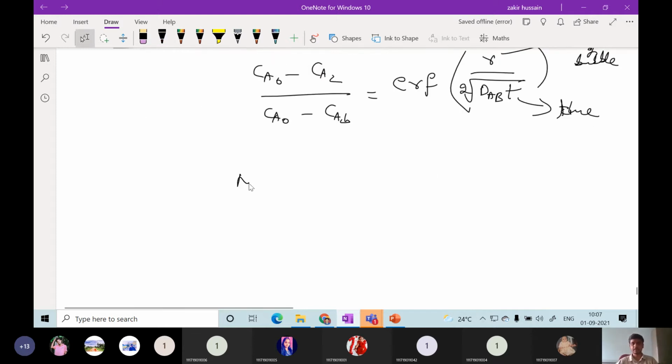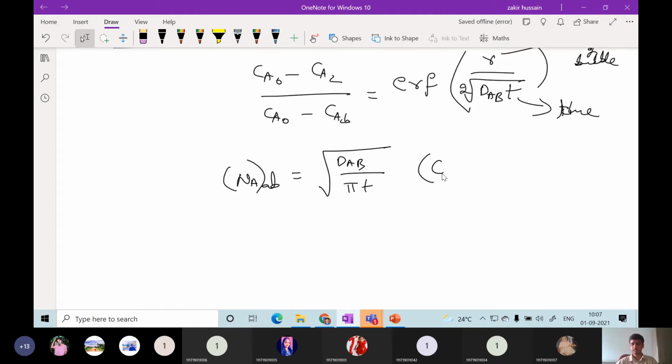Then finally the flux equation, the absorption flux N_A, is root of D_AB divided by pi t into (Ca0 minus Cab).